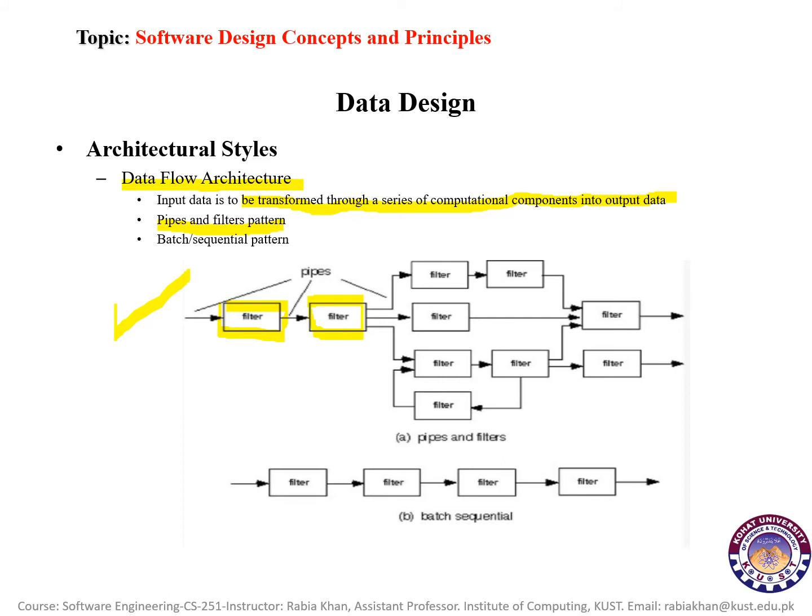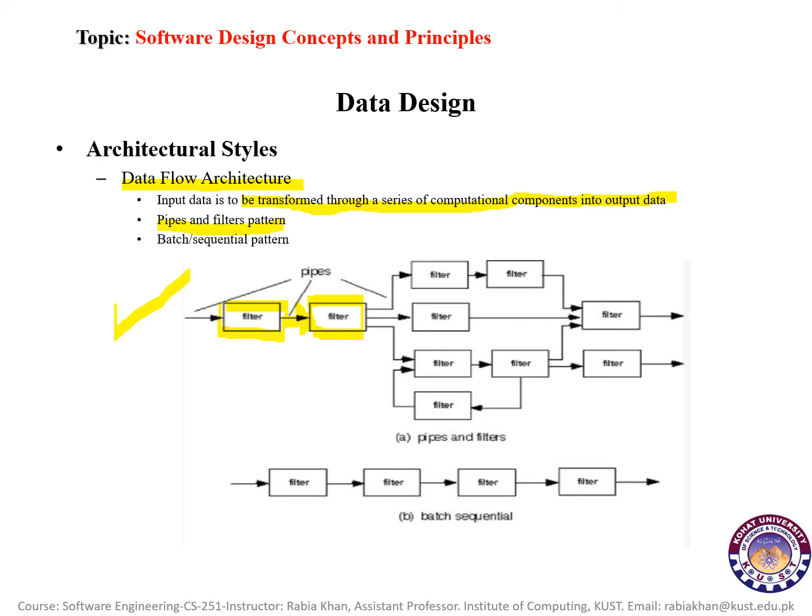These are the filters, connected by pipes that transmit data from one component to the other. So these arrows are the pipes that are transferring data from one filter to the other.